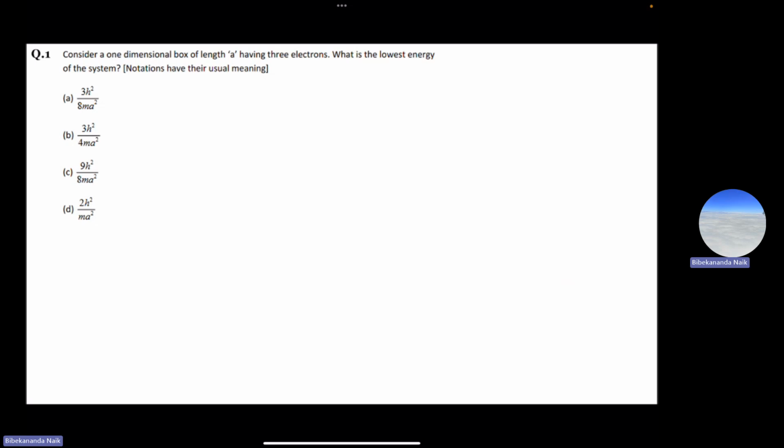Where the notations have their usual meaning. The options are: option A, 3h square by 8ma square; option B, 3h square by 4ma square; option C, 9h square by 8ma square; and option D, 2h square divided by ma square. So the question says, consider a one-dimensional box of length A having 3 electrons.